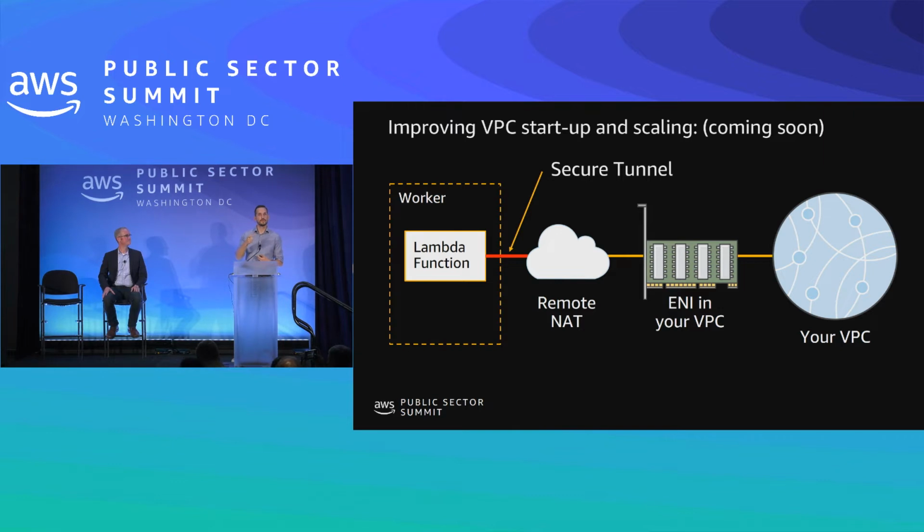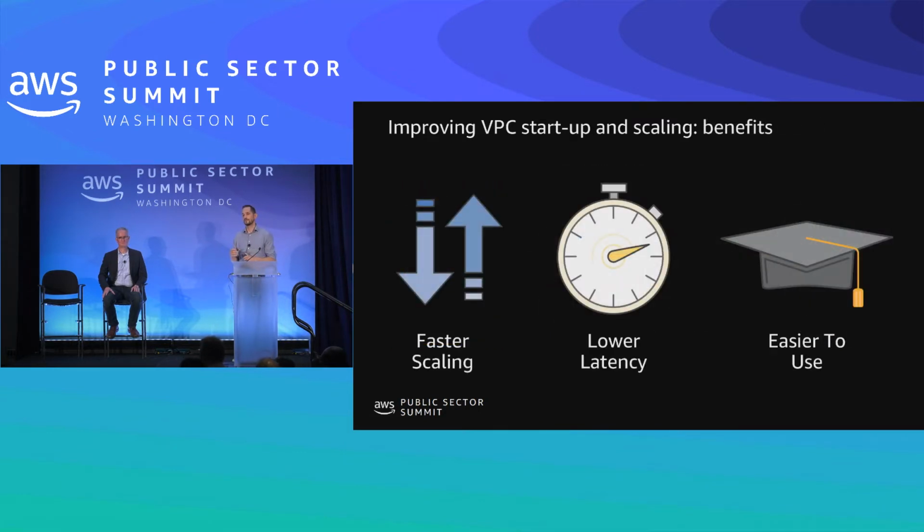They should get faster and faster because they're leveraging this new way of attaching the ENI behind the scenes. What this allows for is faster scaling, right? Getting those resources. Definitely lower latency because that ENI is already provisioned and waiting to be attached to a Lambda function. And just easier to use overall, so you can minimize all of the complexities you were doing before to optimize that ENI attachment.